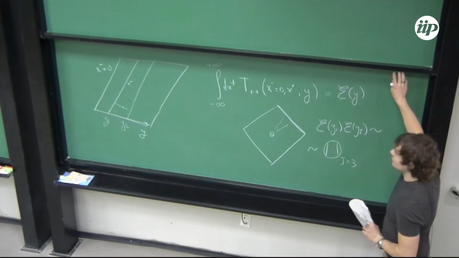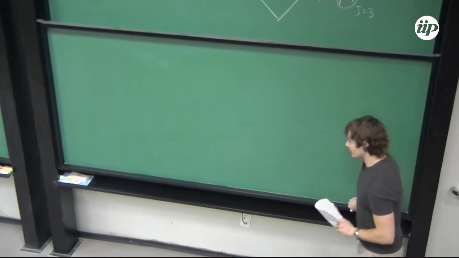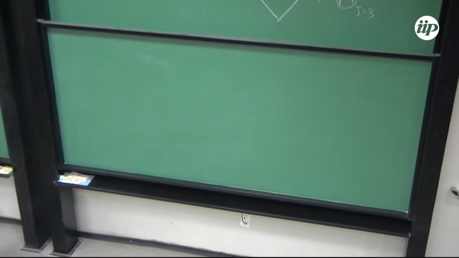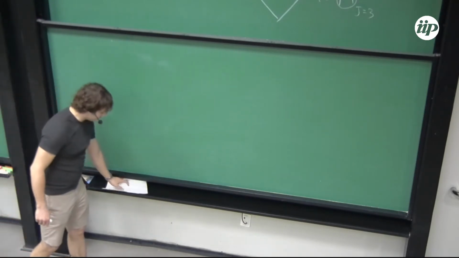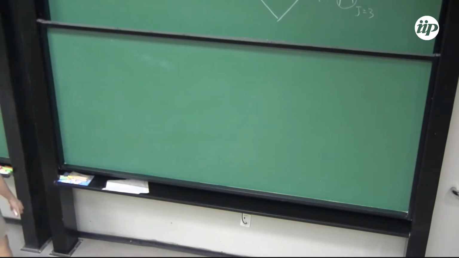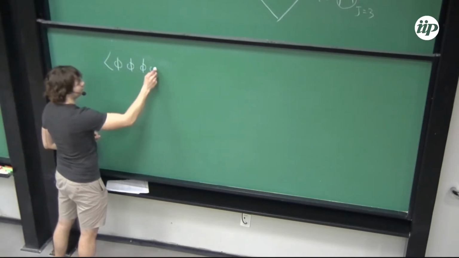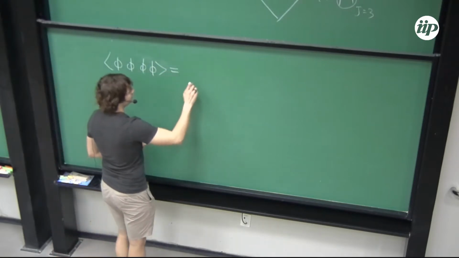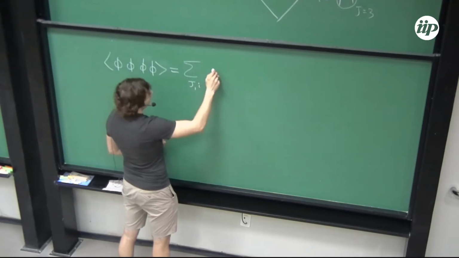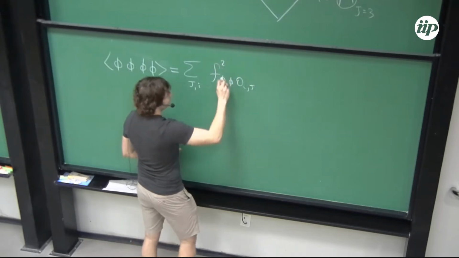Okay, cool. So let me start with the Euclidean inversion formula, and what I mean is that if you want to compute a 4-point function, then we can take a sum over all spins and over all operators with that spin of squares of OPE coefficients times the conformal blocks.